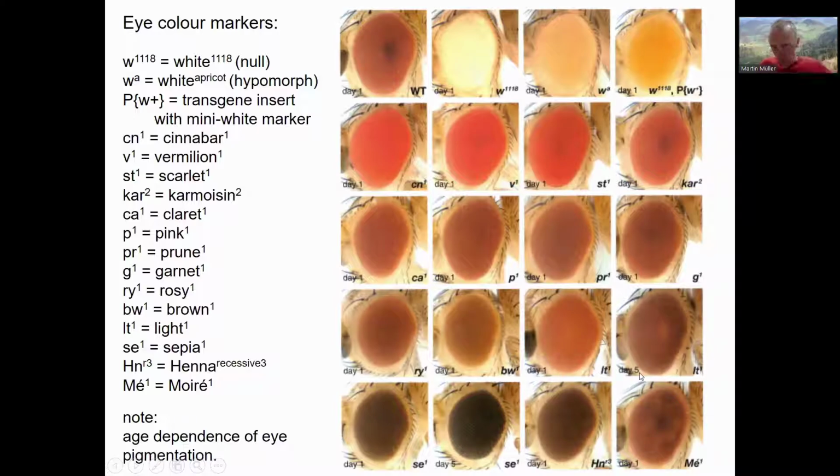Pigmentation is progressive if you have this loss of function allele. So pigmentation can develop over time. This is also true for a white transgene insertion. This orange, kind of dark yellow, can change into orange over time. So if you want to be sure what you compare, you have to compare flies of the same age if you want to compare eye color alleles.